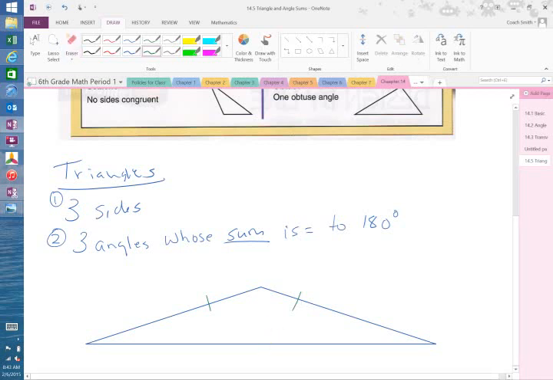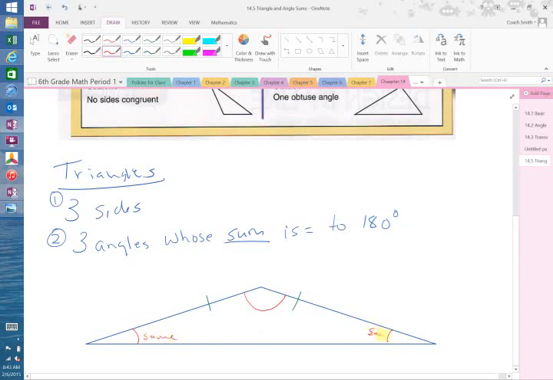The reason I know that is because of this. Look at these angles. There, and there. Now, obviously, this top one is bigger, a lot bigger than these side ones. The side ones are the same. These are the same.